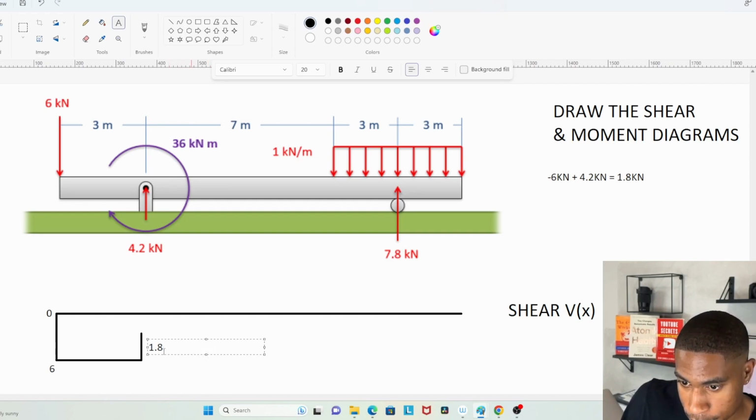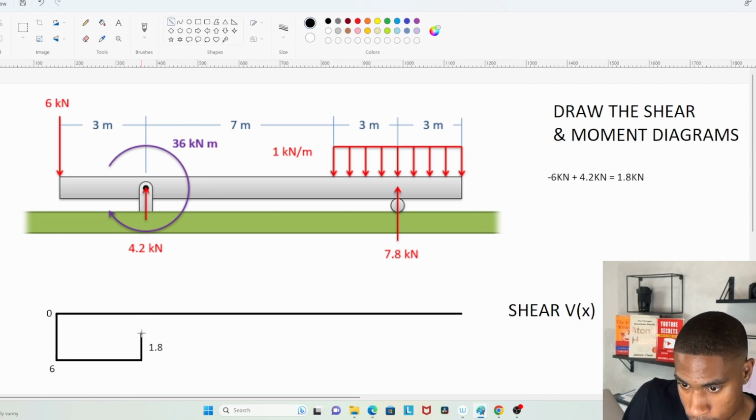I feel like I should put negative, but we know it's underneath this line, so say 1.8. And that 1.8 stays like that all the way until we get to our distributed load, because there are no other forces, no other shear happening along the beam.